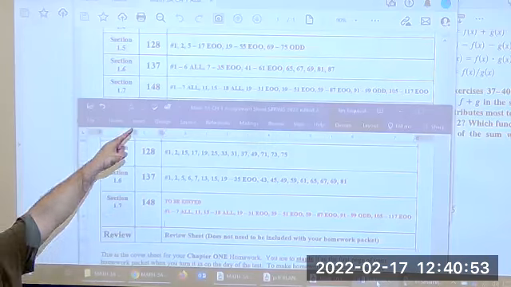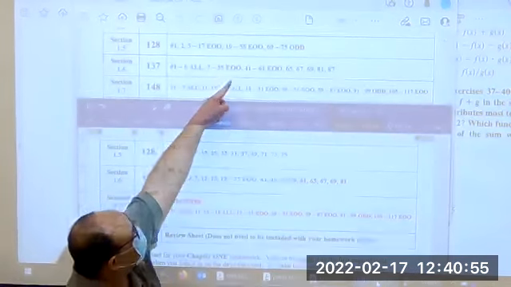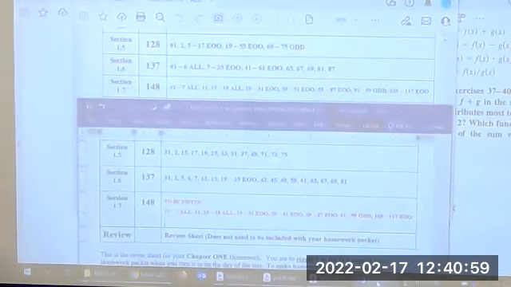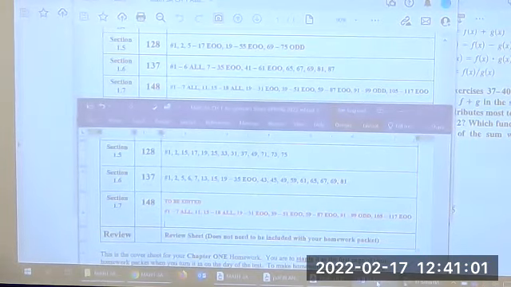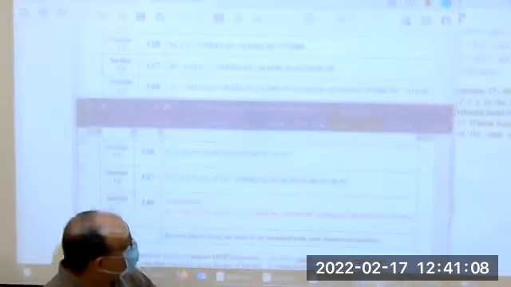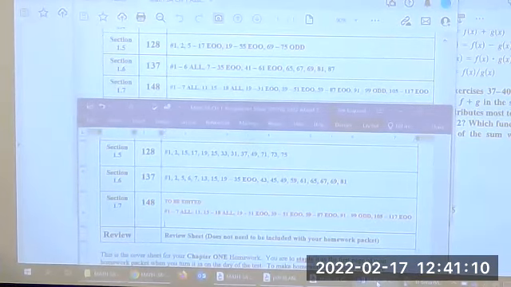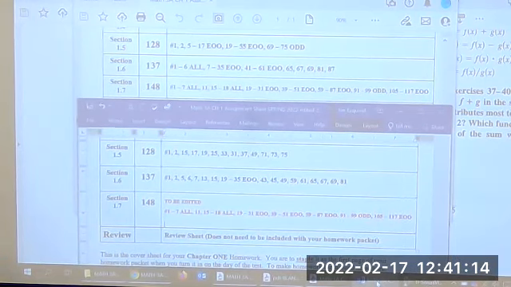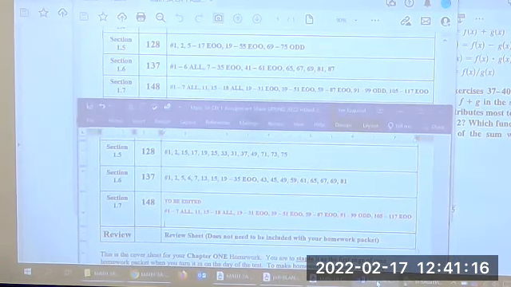Oh wait, I'm looking at the wrong one. I'm looking at this one. It's that one up there. So instead of 41 to 61, just doing 1, 2, 3, 4, 5 questions there. Instead of going all the way to 87, just do the 81. And then to be edited is section 1.7.